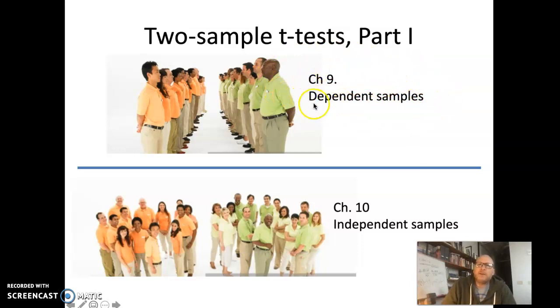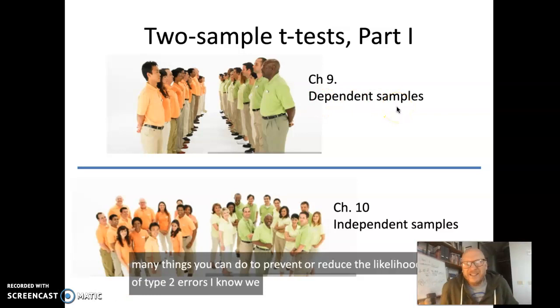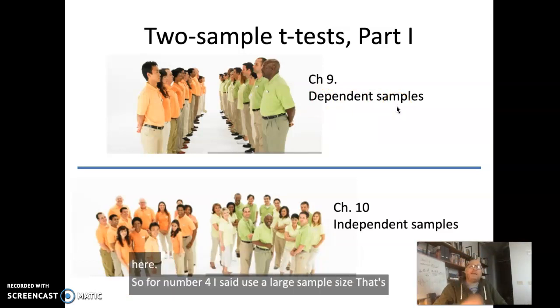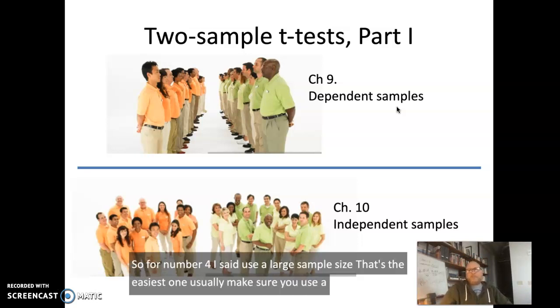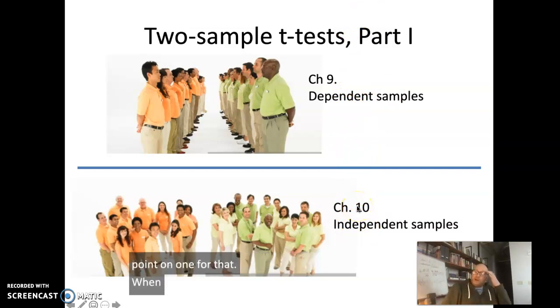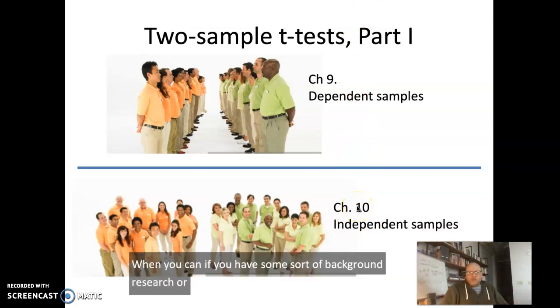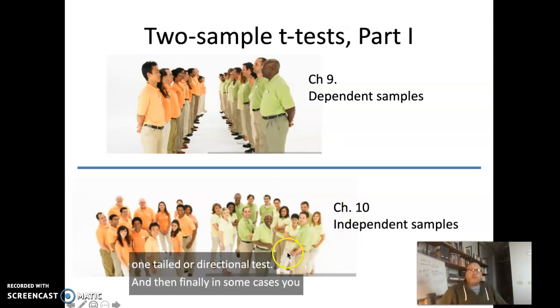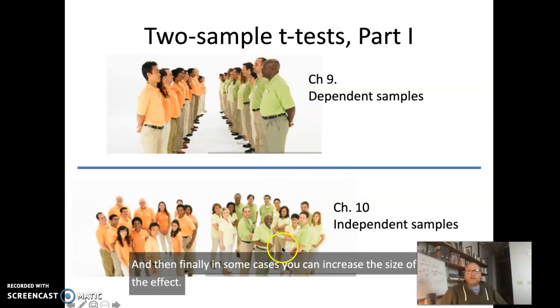And starting here in chapter 9, is a dependent samples t-test. The textbook calls it repeated measures, and that's a synonym, but I wanted to use that just for the contrast today, because we will also be talking about independent samples, which is chapter 10. So the reason I had these pictures here is that they represent the differences between the 2.